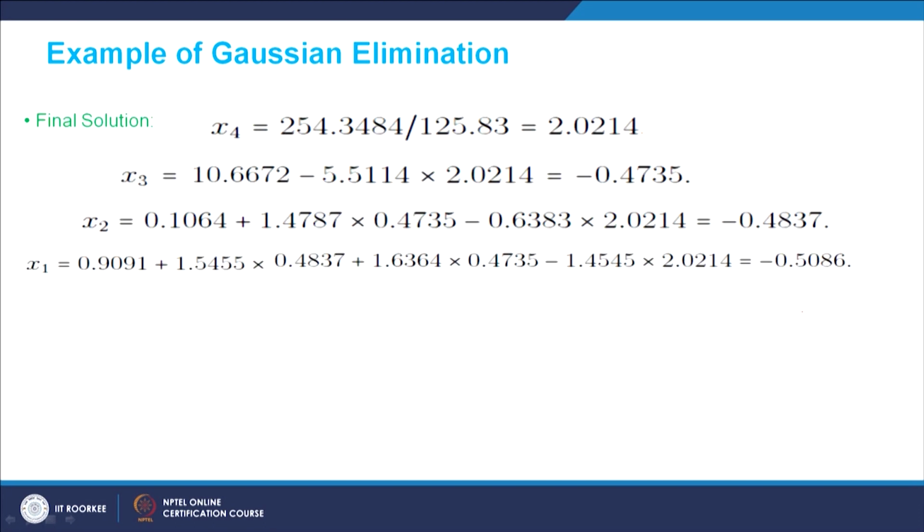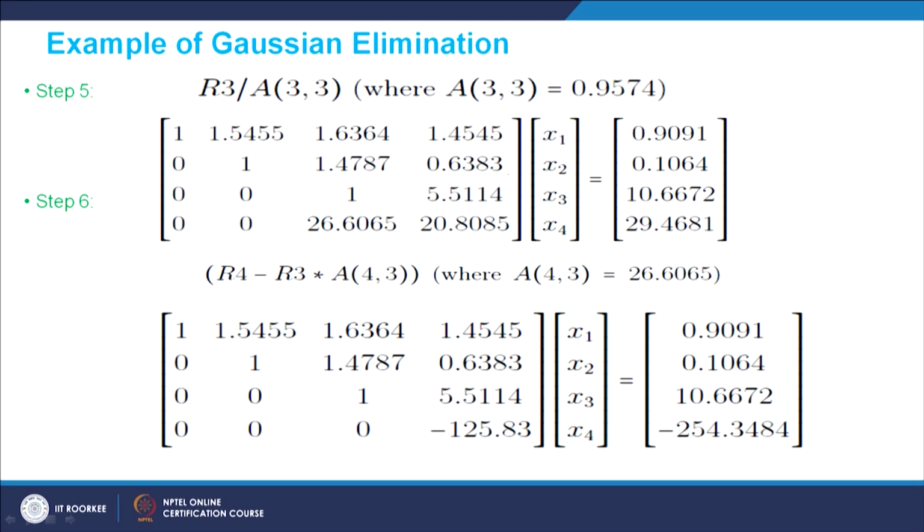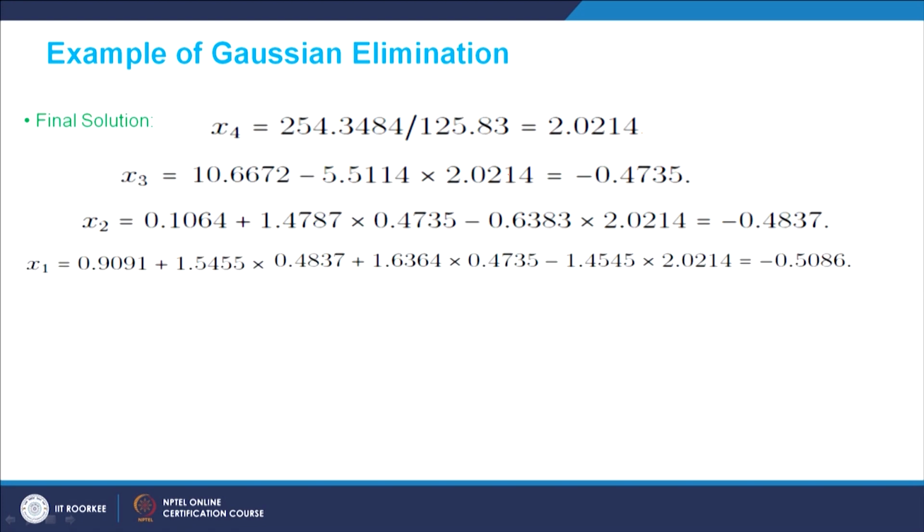So it is exactly 10.6672 minus 5.511 into x 4, where x 4 is this. And x 2 would be 0.1064 minus this into this minus this into this.